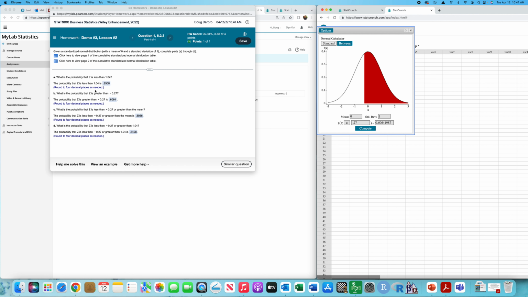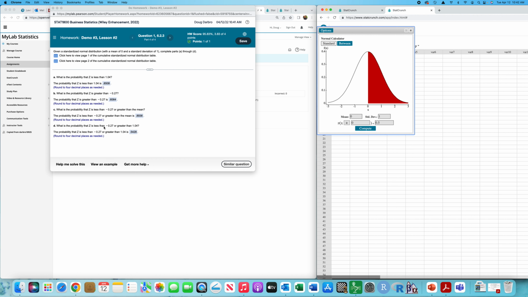I'm sorry, this is greater, so I need to not get sloppy here. So less than negative 0.27 is 0.3935, greater than the mean. The mean is 0, so it's just 0.5. So I just add 0.5 plus the answer I just got to get 0.8963.